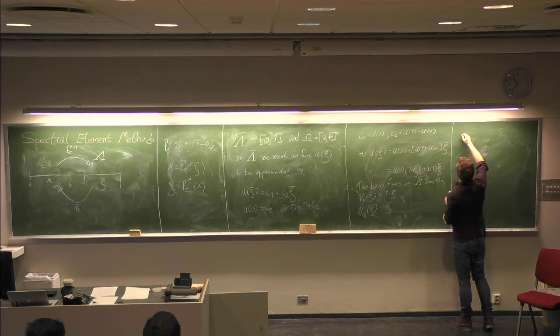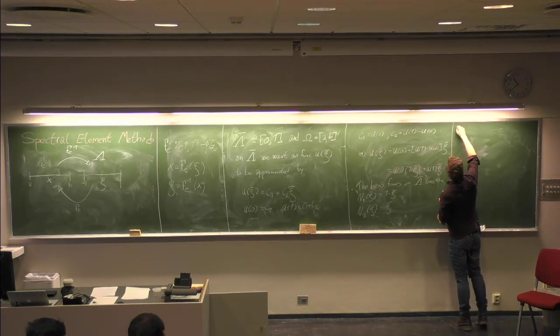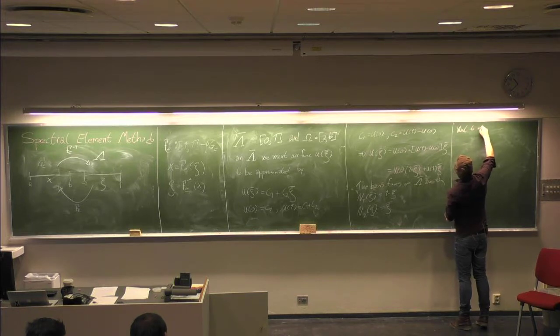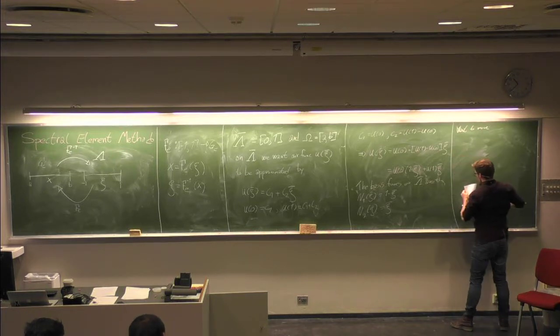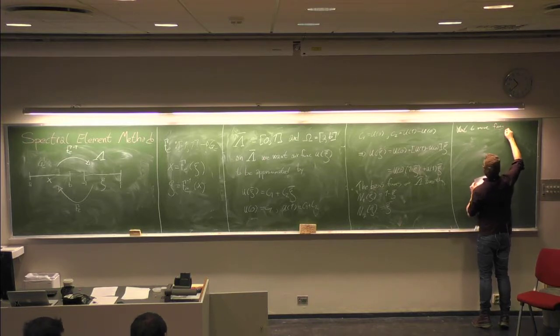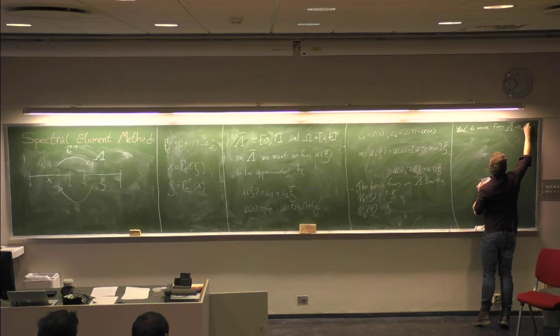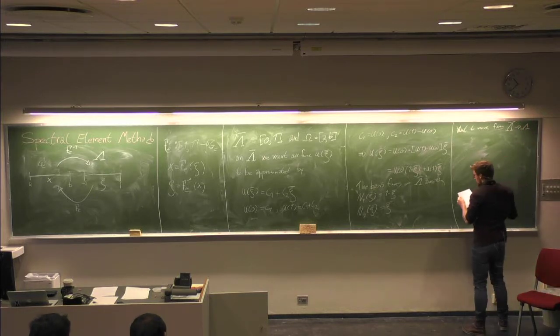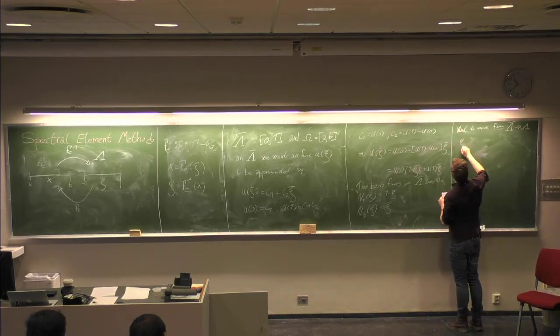So now we want to move from R to the full one. Then we can use the transformation xi bar plus now equals xi plus 1 half.